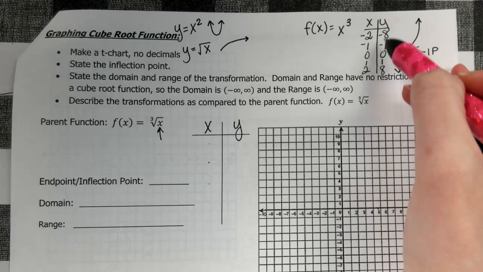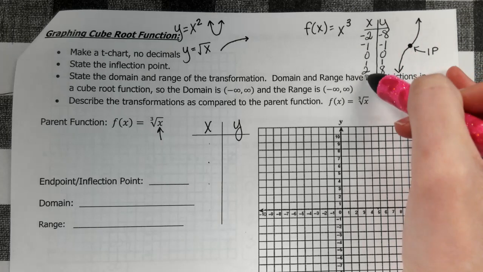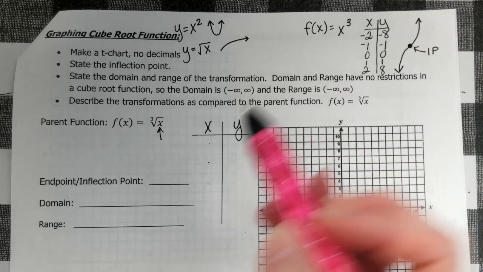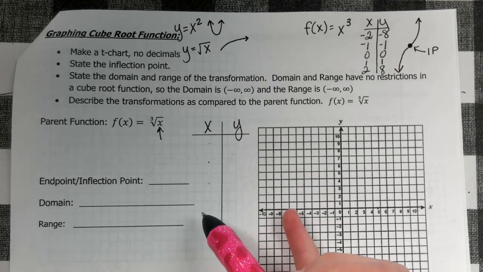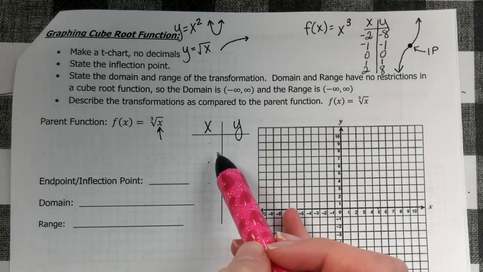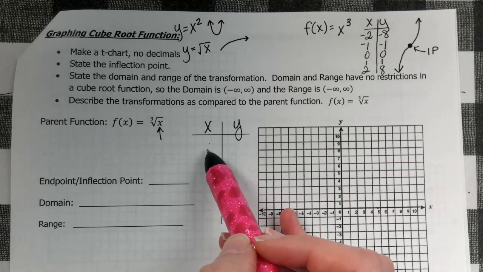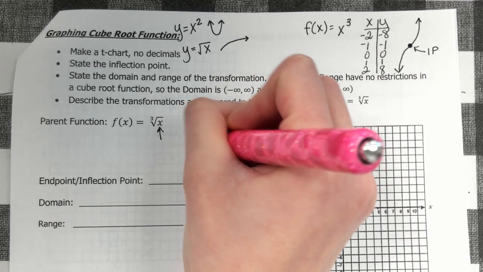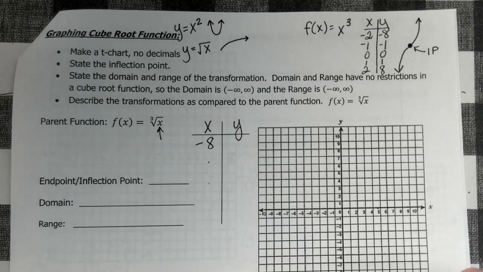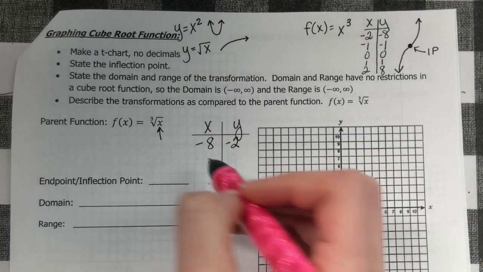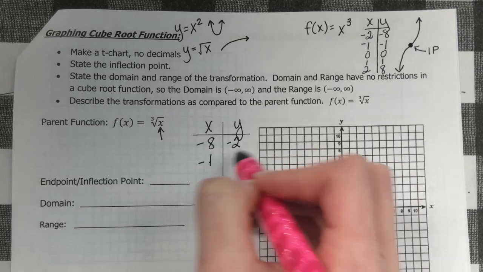So if I have negative 2, negative 1, 0, 1, 2 cubed to give me negative 8, negative 1, 0, 1, 8, what do you think I can put here for me to cube root and get whole numbers? Can I take the cube root of negative 8? What does that give me? Negative 2. Can I take the cube root of negative 1?